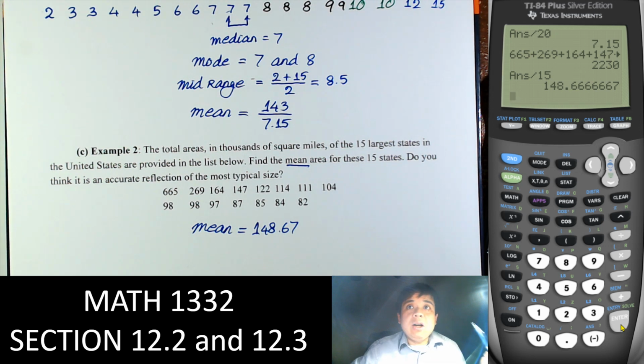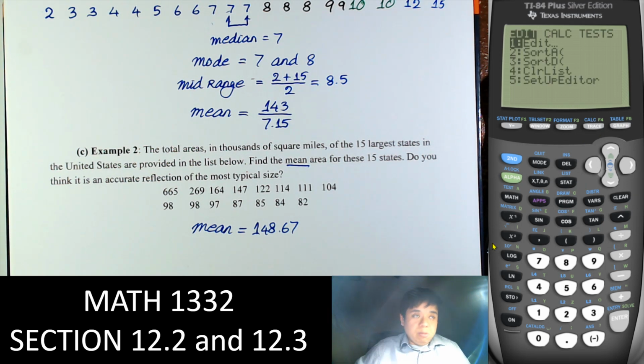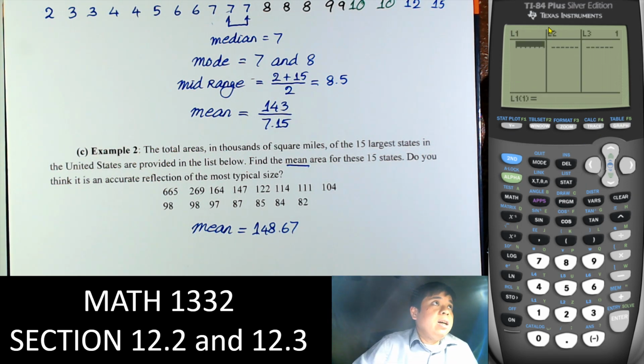Now I just want to show you how to do this on the calculator. On this calculator in particular, go to Stat, edit, hit enter. Now we enter the numbers.